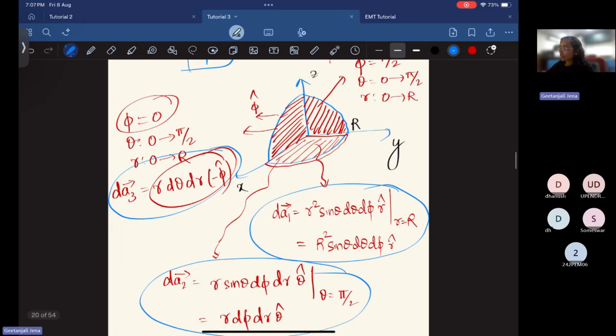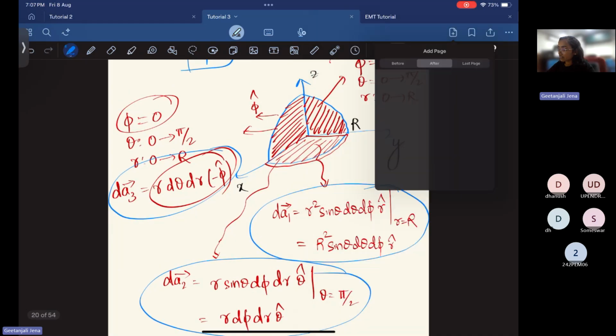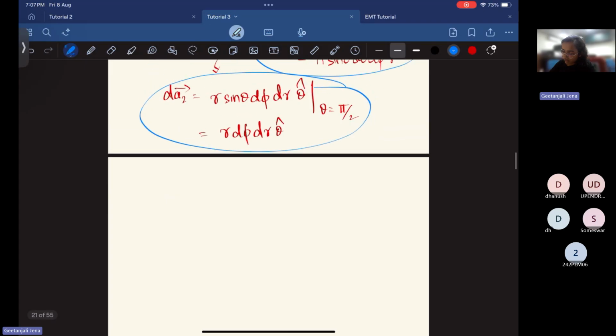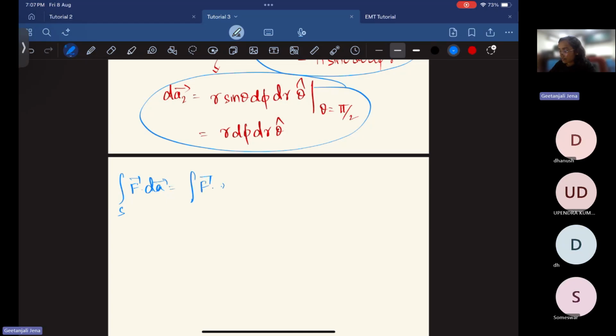Once you find the area element, finding the surface integration is easy. So for this, we have F dot dA. This would be F dot dA1 plus F dot dA2 plus F dot dA3 plus F dot dA4.